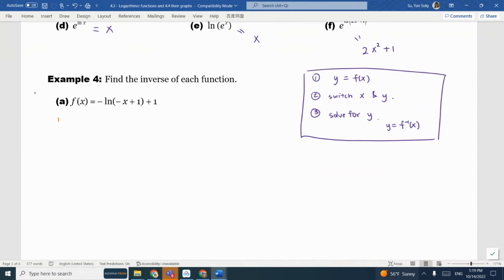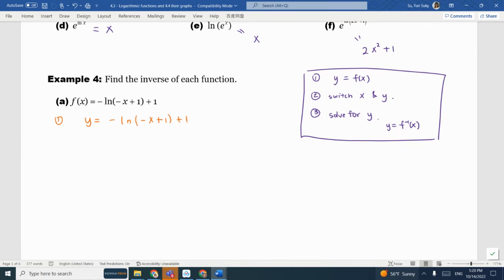Okay, so step 1. Y equals the function: minus ln of negative x plus 1, plus 1. By the way, can we add those two numbers together? Can we add this one and this one to become 2?